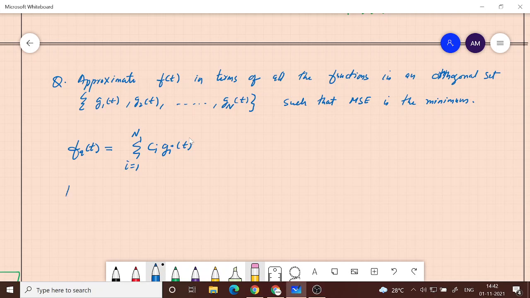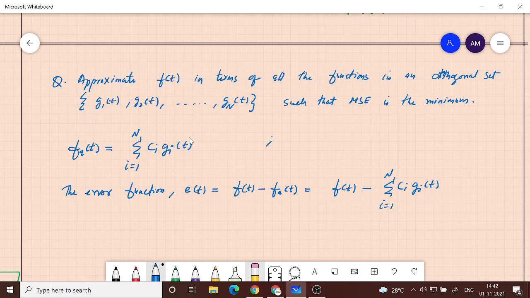So the error function, e of t, is what? It is f of t minus f_a of t. That is f of t minus sigma ci gi of t, i is from 1 to n.